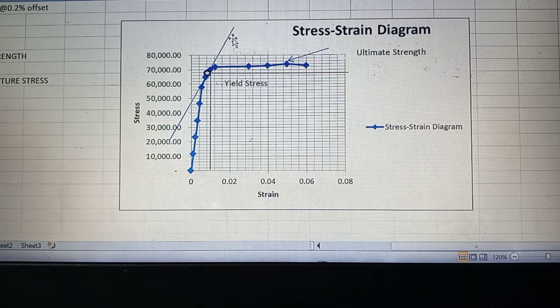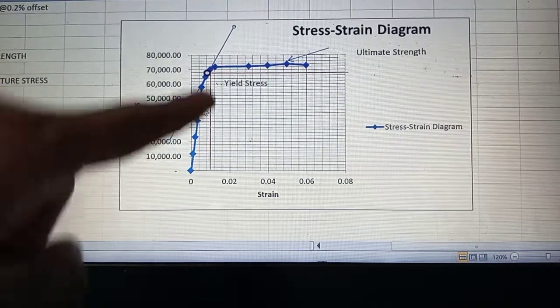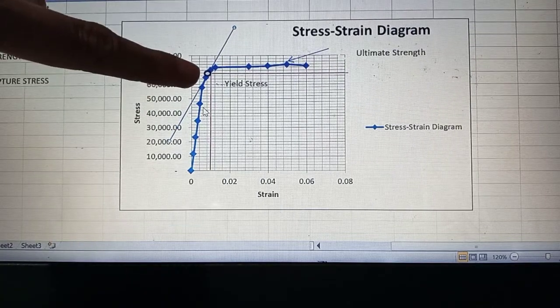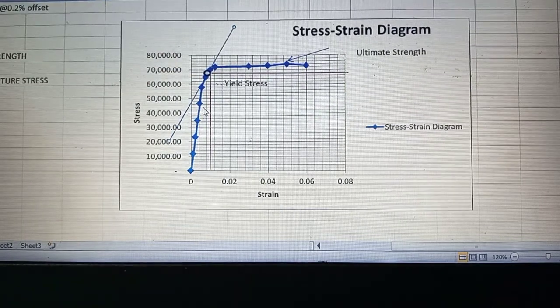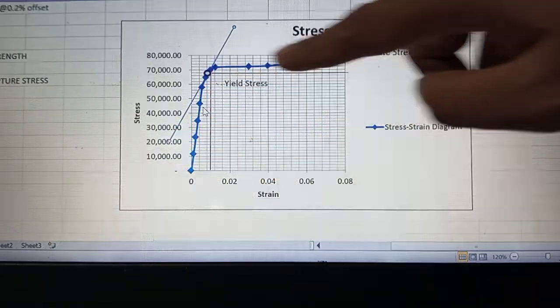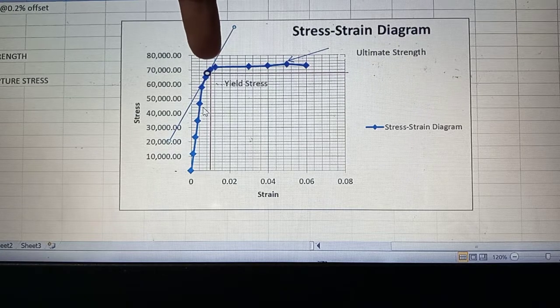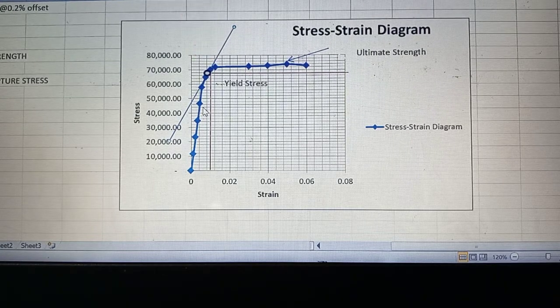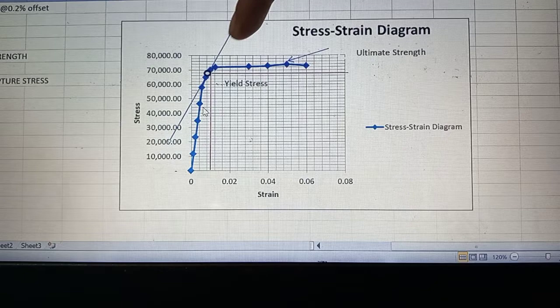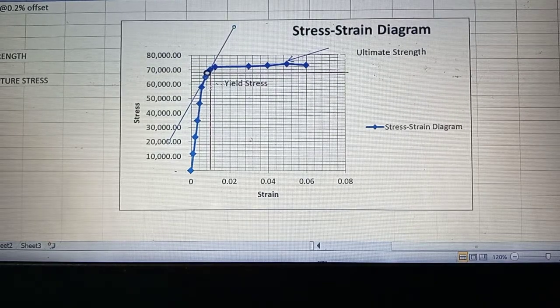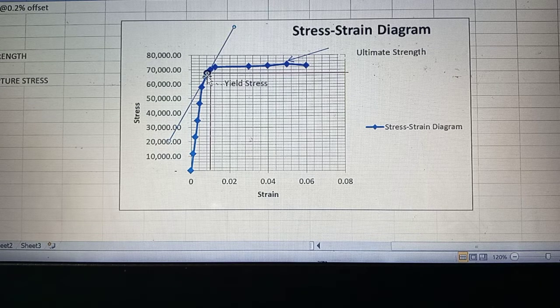Here we need to draw a tangent line which is tangent to the curve of the stress strain diagram. You draw a tangent line along that, and approximately this is 69 ksi. This is approximately around 68 or 69 ksi.